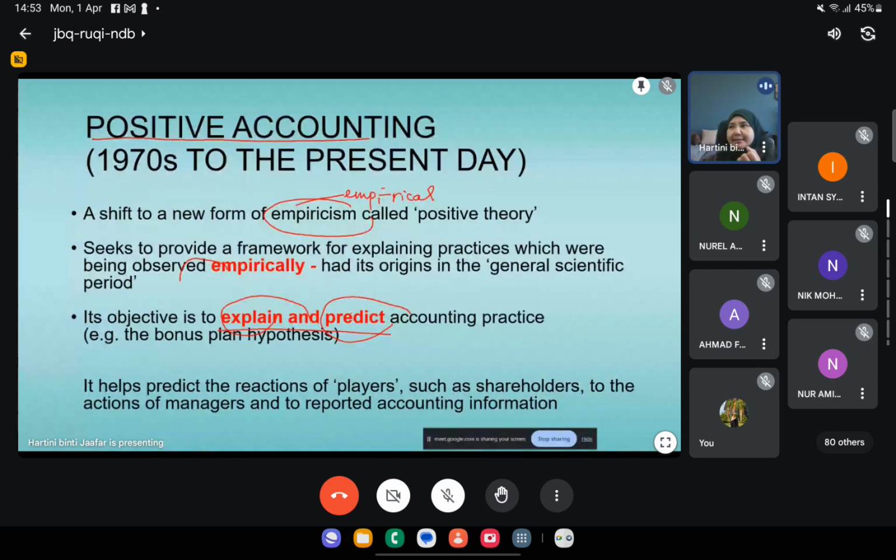So in that sense we can see that this is a better approach, because not only are they trying to prescribe the guideline, but they are trying to make sense of why firms are behaving in certain ways and what we can do to make it better, because based on this data we can now predict what they are going to do in the future.